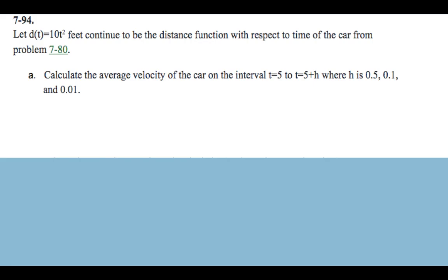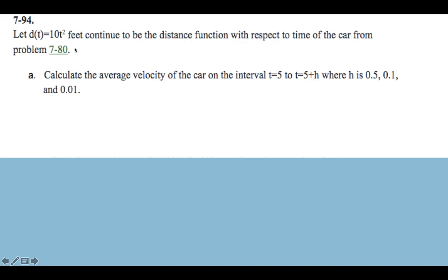It's going to continue to be a distance function with respect to time of the car from problem 7-80. The time from that past problem was in seconds, and d represents distance.